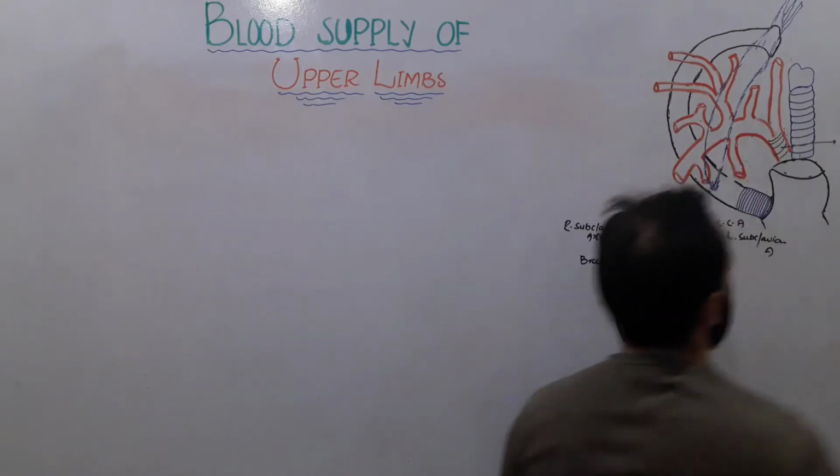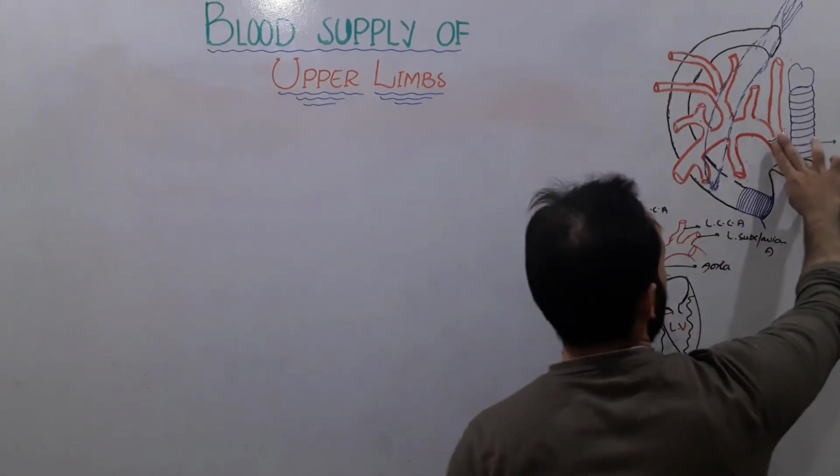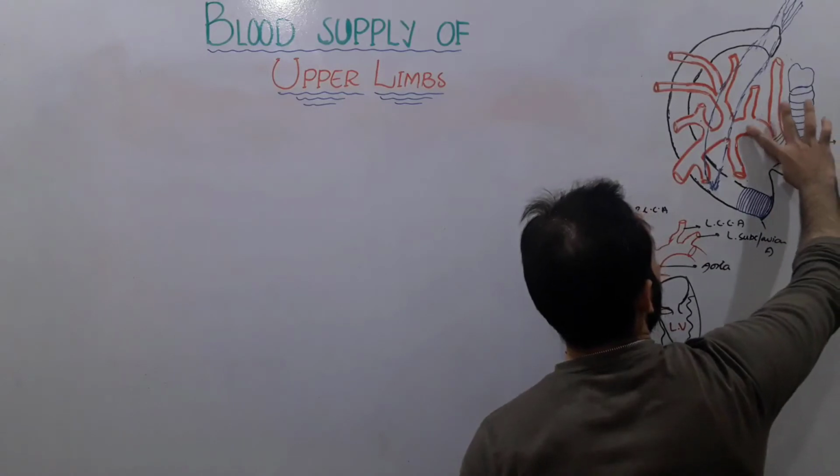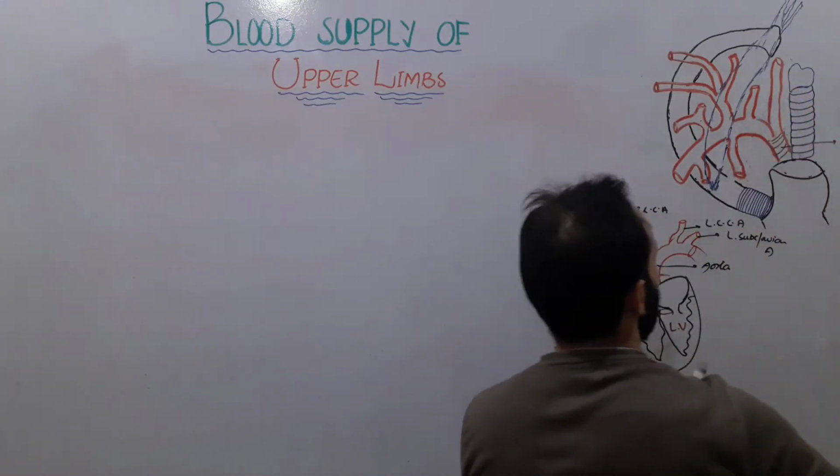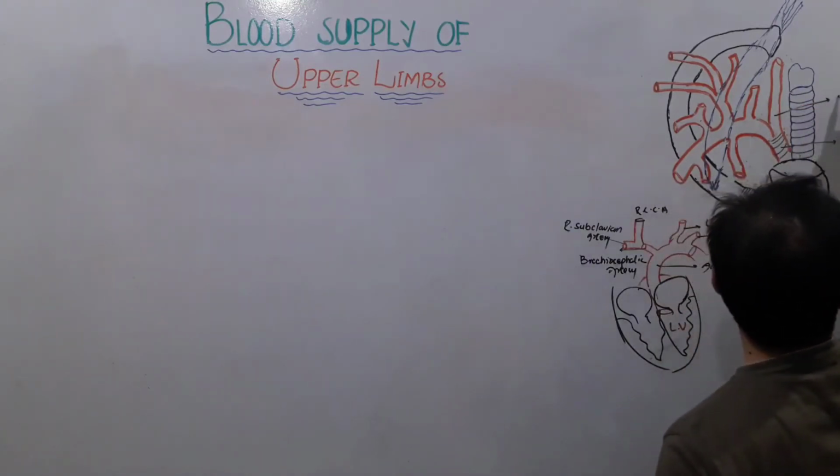Okay, done with it. And when this brachiocephalic artery moves forward, it bifurcates into two branches. The branch going up is our right common carotid artery.